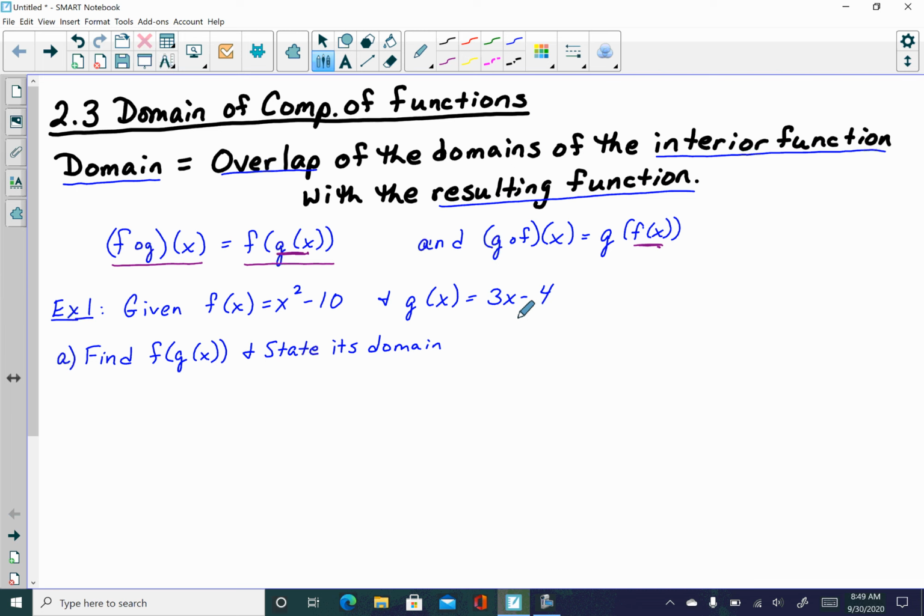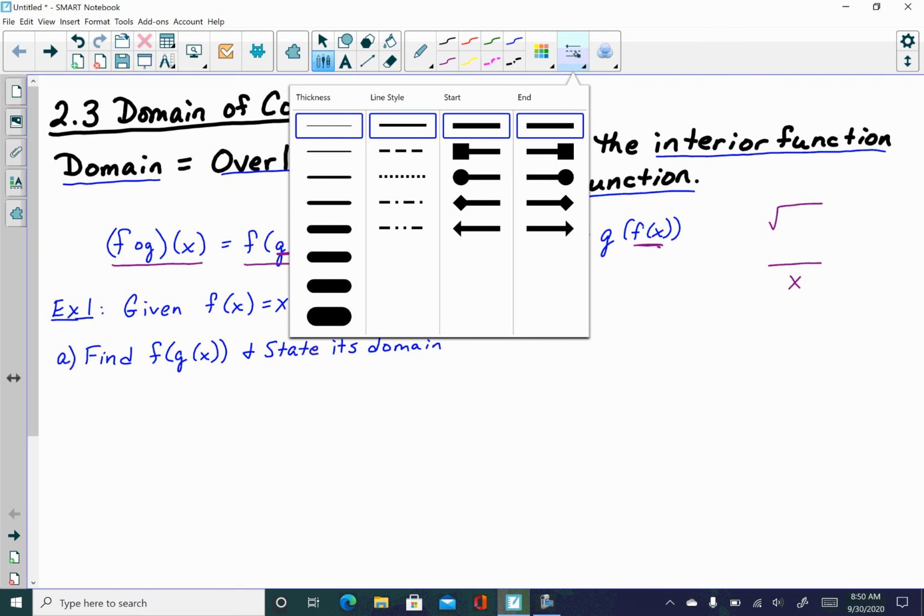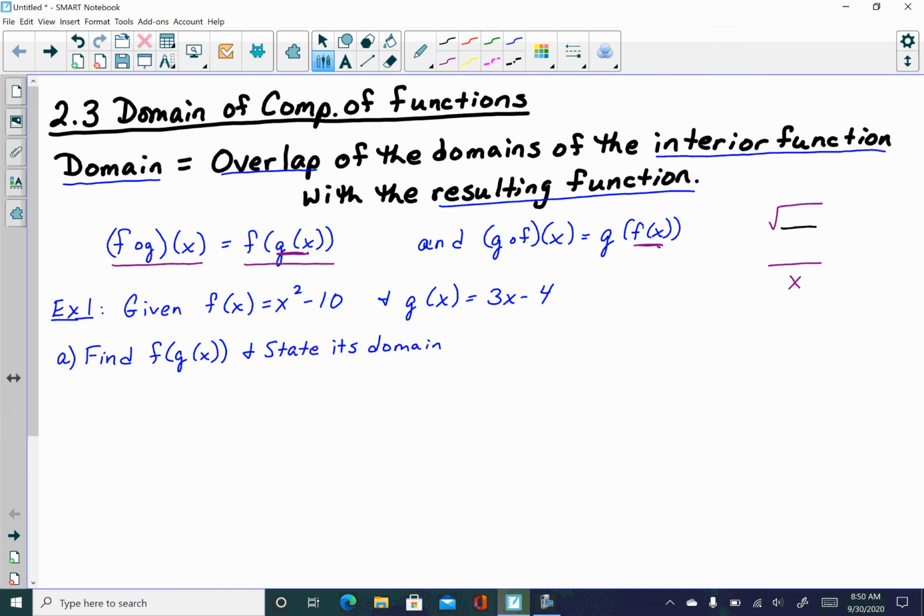Now recall, whenever you are looking at your domains, the only time you have any restrictions is if you have a square root or a letter in the denominator. In the case where we have a square root, remember the argument underneath the square root needs to stay positive.